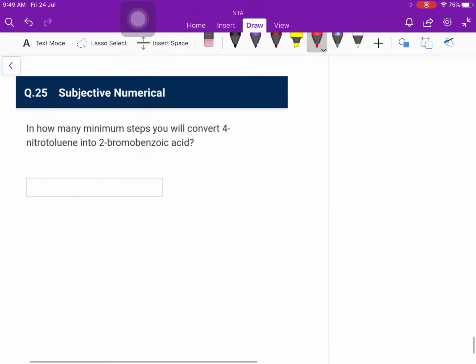In how many minimum steps can you convert 4-nitrotoluene, CH3 and NO2, to 2-bromobenzoic acid? We have to remove NO2.